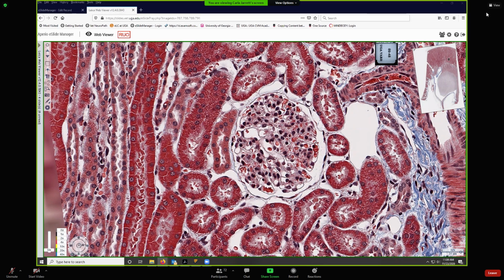Let's see. There was a question about the eye, the basement membranes of the eye. So there are a lot of specialized basement membranes in the eye. Can anybody think of where we have basement membranes in the eye?